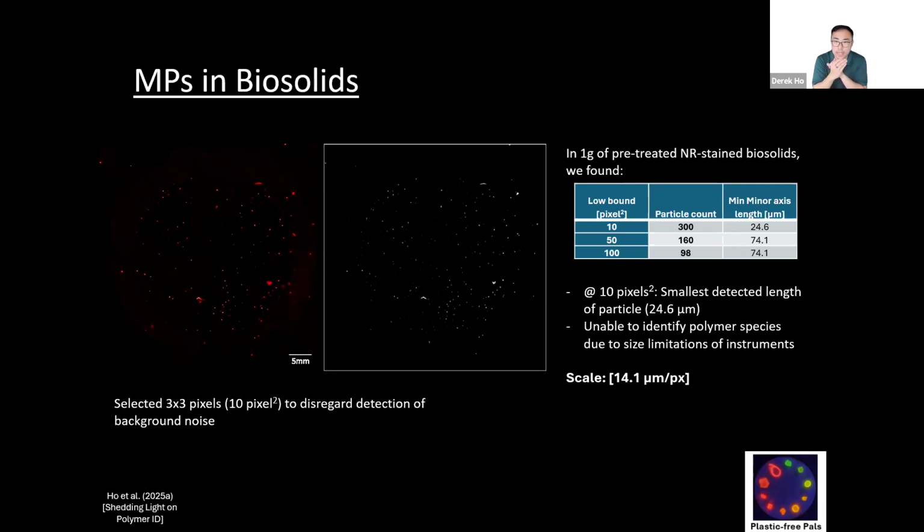By augmenting the different pixel sizes, we can count and vary the different particle sizes studied. However, we were unable to identify the polymer species due to the limitations of the FTIR instrument and couldn't validate our accuracy of identification.